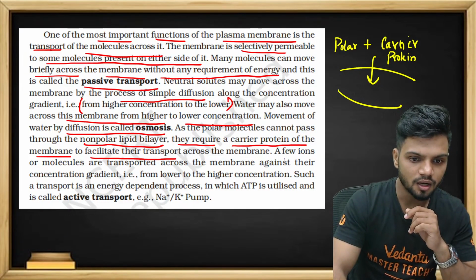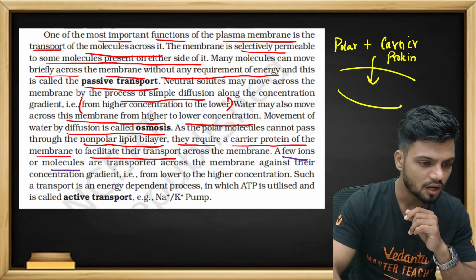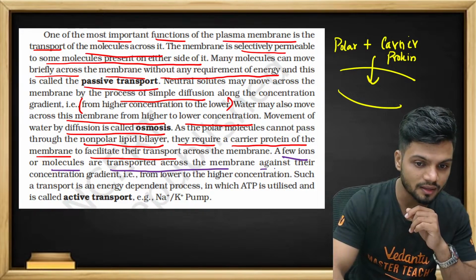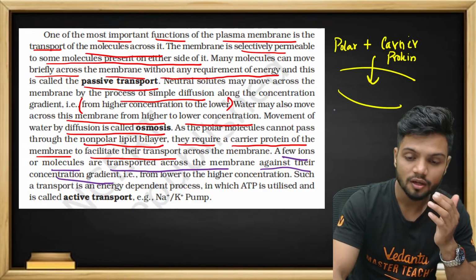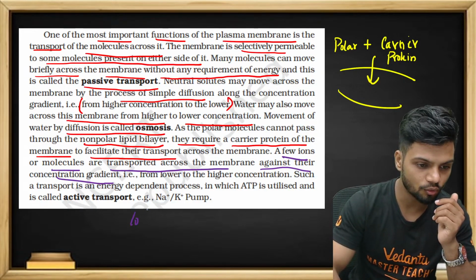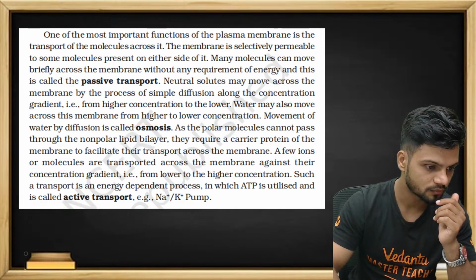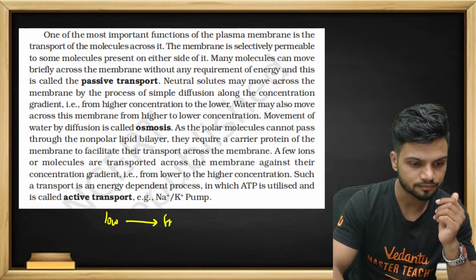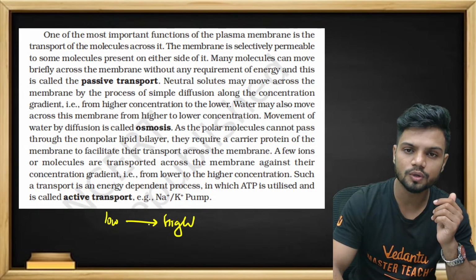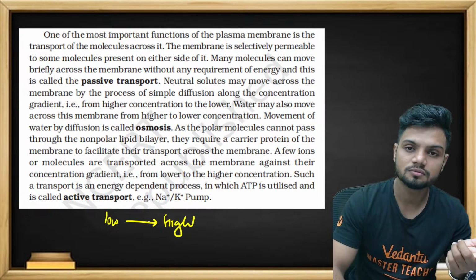Okay, a few ions or molecules are transported across the membrane against their concentration gradient. Now, what is against the concentration gradient? Against means from low to high. Against the concentration gradient means low to high you're going now. Now, when you go from low to high, you need to spend energy, more energy.